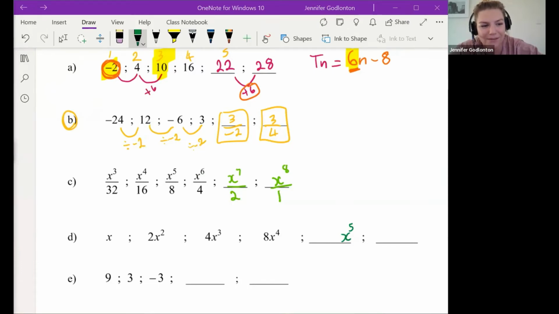It's not 12. 16? 16. And then the next one, 24? Nope. I'm not too sure. Okay, let's get someone to help. Unati, can you help us get this next one?